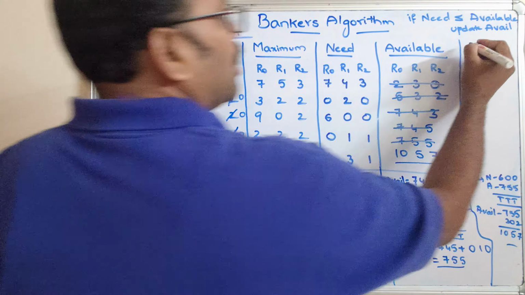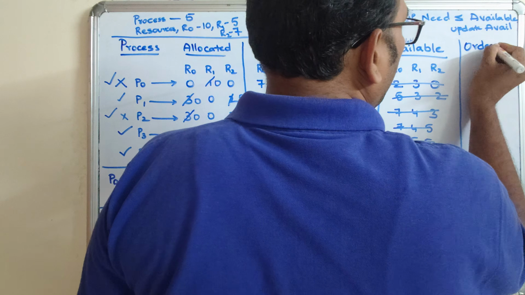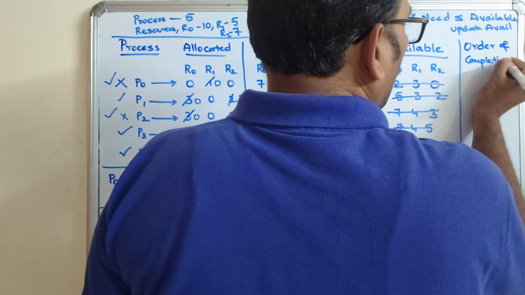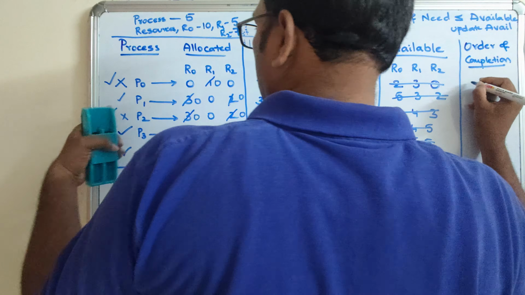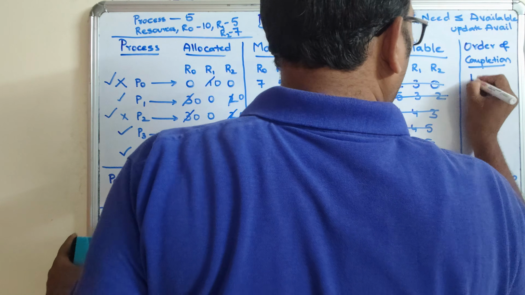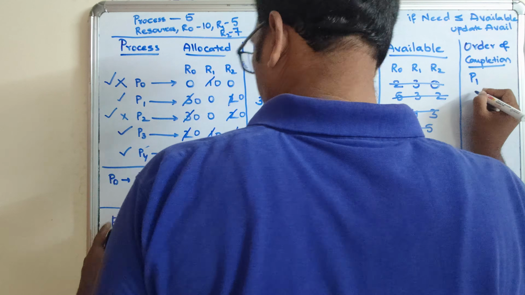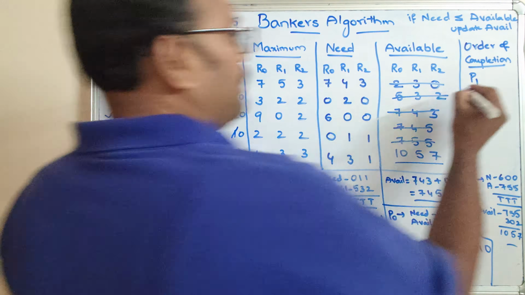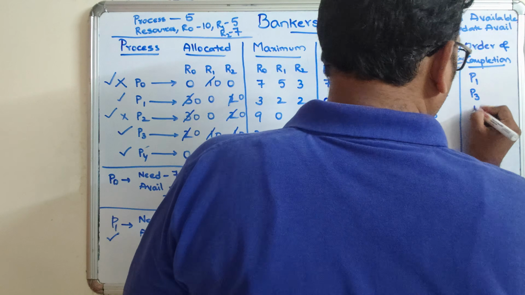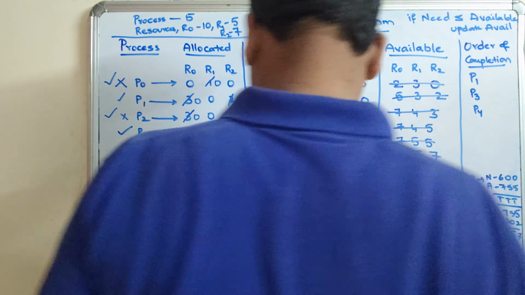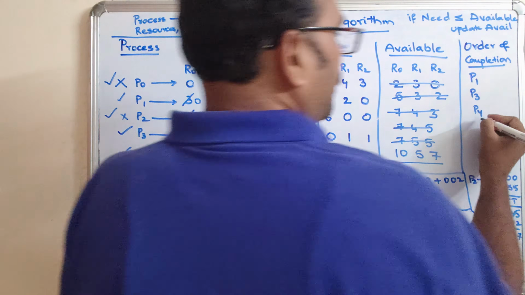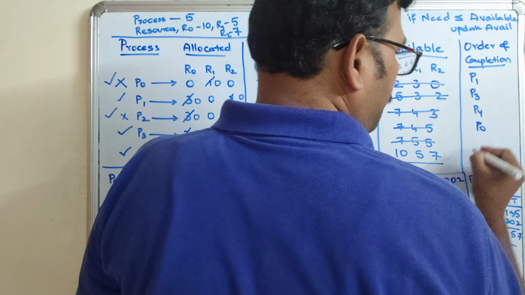So here, the order of completion: what is completed first? P1 completed, then P3 completed, then P4 completed, then P0 completed, then P2 completed.